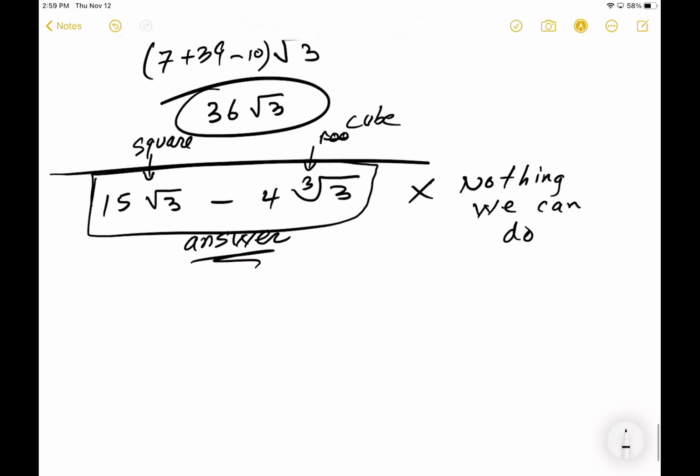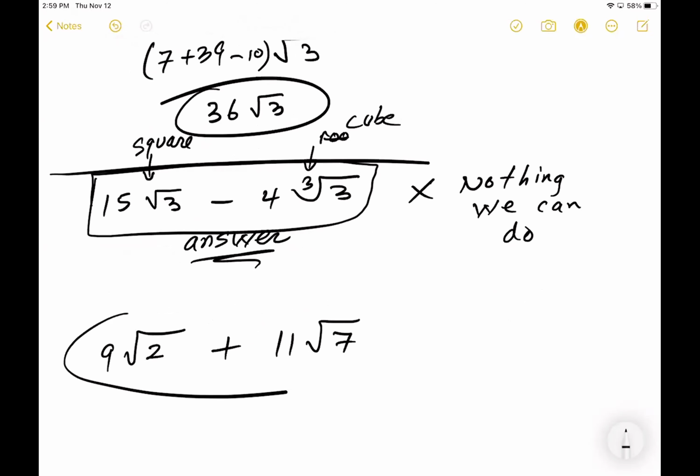And if the other item is, for instance, 9 square root of 2 minus or plus 11 square root of 7, same thing. There is nothing we can do. In this item here, this is my answer. There's no way I can change this 7 to become the 2.